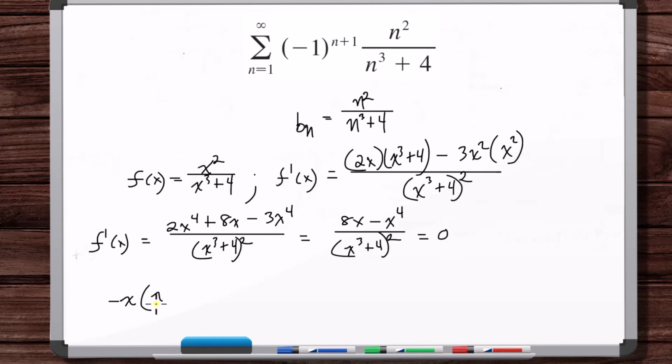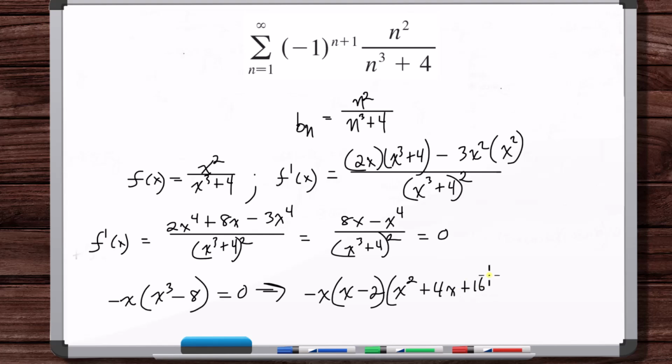So we've got x cubed minus 8 is equal to 0. Difference of two cubes: you've got x minus 2, and then x squared plus 2x plus 4.